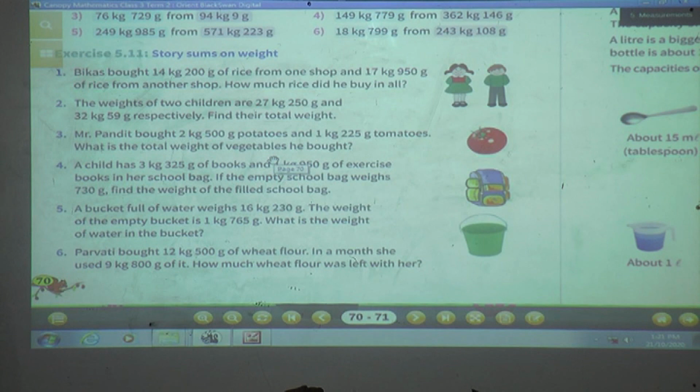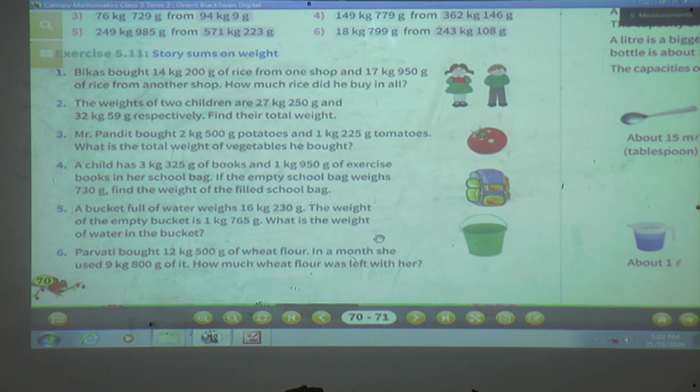Now we'll move to the fourth example. Read the question. A child has 3 kg 325 gram of books and 1 kg 950 gram of exercise books in her school bag.